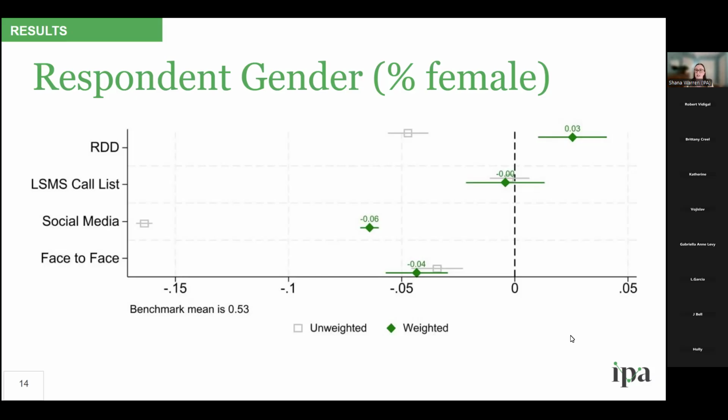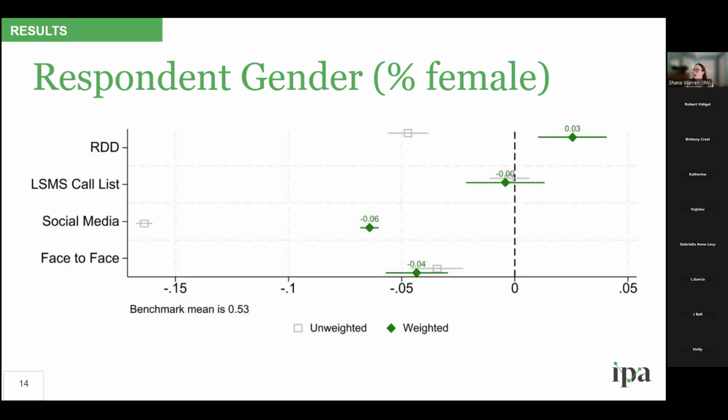The estimates, the 0 dotted line here, is the average benchmark sample mean in the benchmark, typically LSMS type of study, okay? And what we are looking for is how many percentage points off we are. So 0.05, you're 5 percentage points off from where we would like to be to have a representative sample.